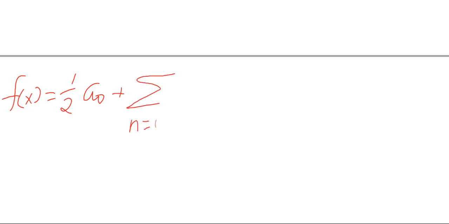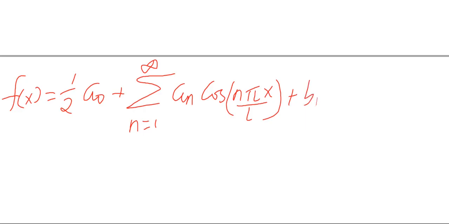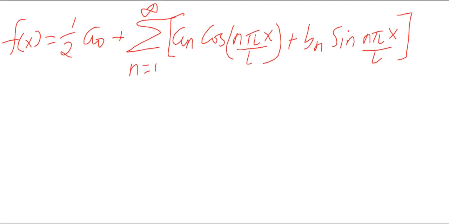call the Fourier series. The Fourier series will take the form f of x equals a naught over 2 plus the sum from n equals 1 to infinity of a_n cosine of n pi x over L plus b_n sine of n pi x over L, where in this case a naught, a_n, and b_n, we call them the Fourier coefficients.